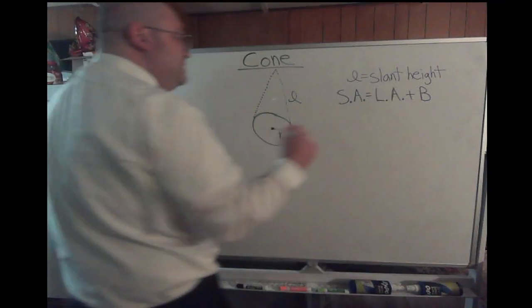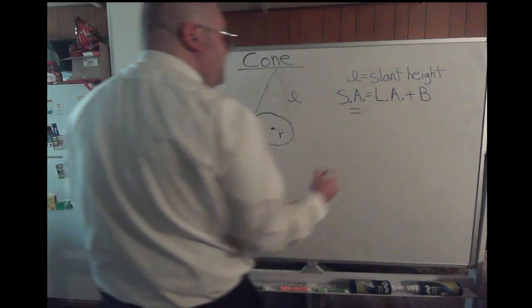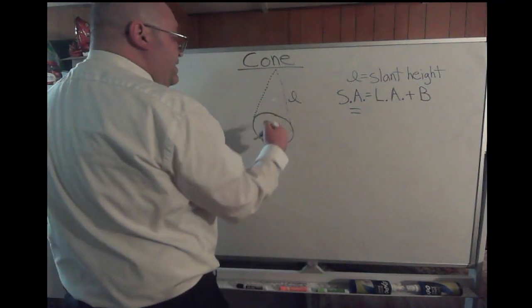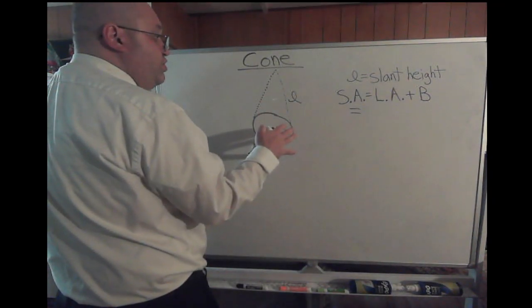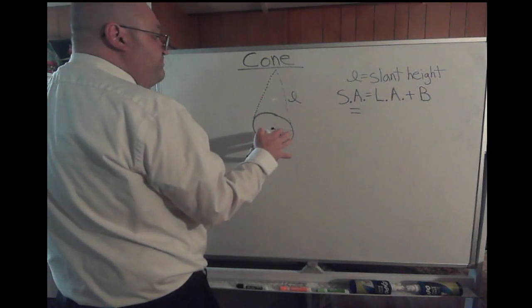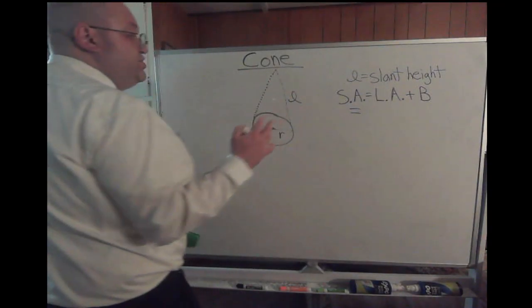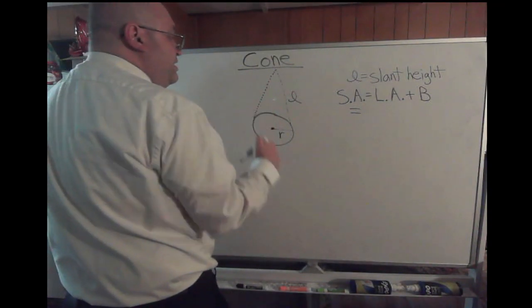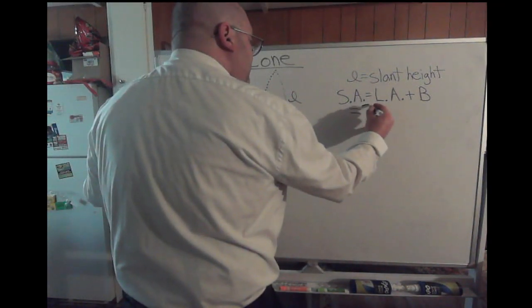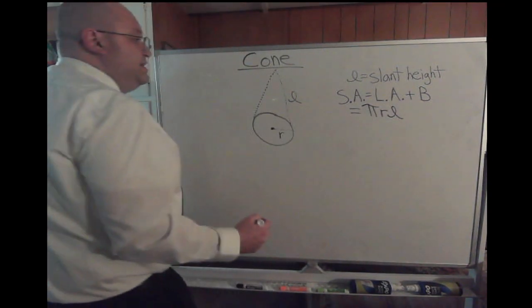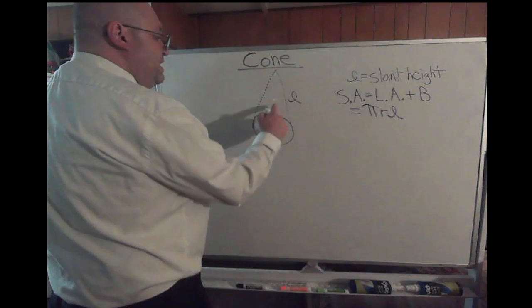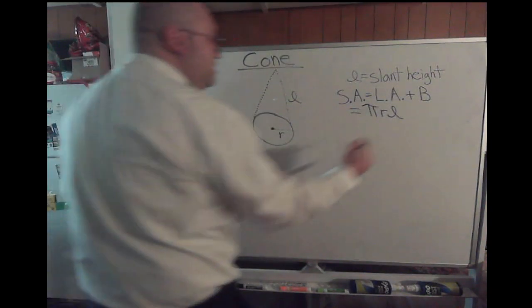But it's a little bit different with the cone for the lateral area. The lateral area, of course, is anything but the area of the base. That's always been true no matter what shape you have. The lateral area of a cone, you just got to remember this, is pi times the radius times the slant height. So that lateral area is pi r times L.